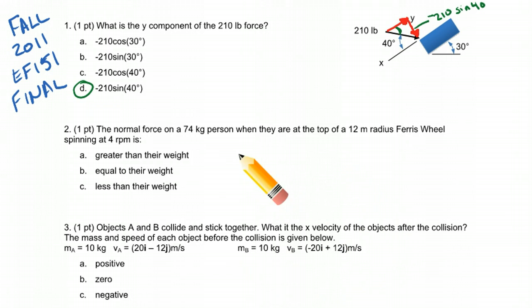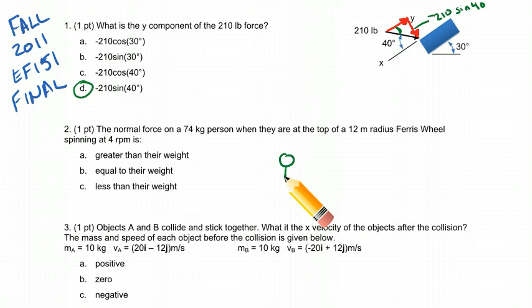Number two, we're given the normal force. We're asked about the normal force on a 74-kilogram person when they're at the top of a Ferris wheel spinning at 4 RPMs. So we did several examples like this when we talked about rotation and centripetal or normal acceleration.